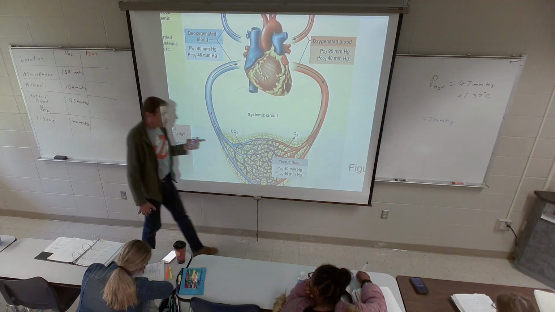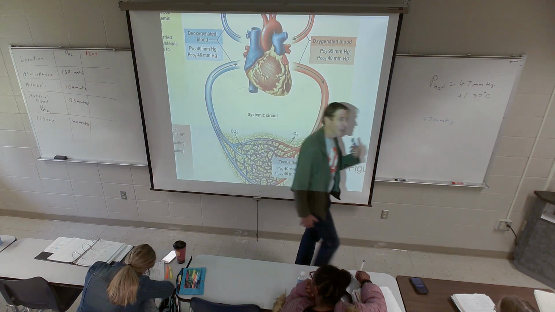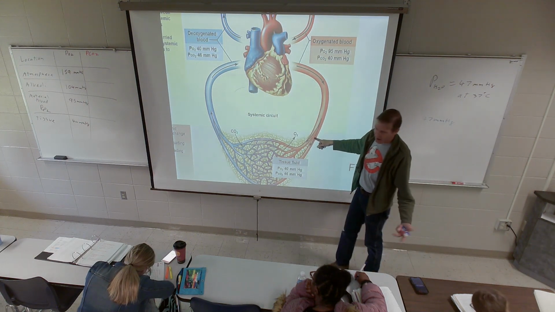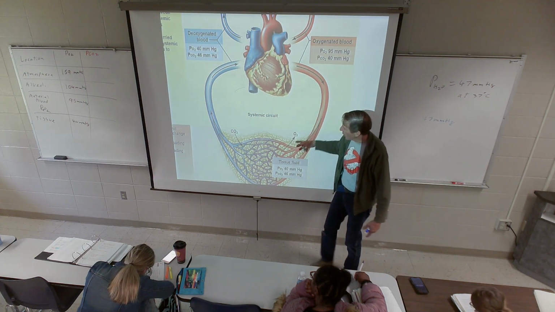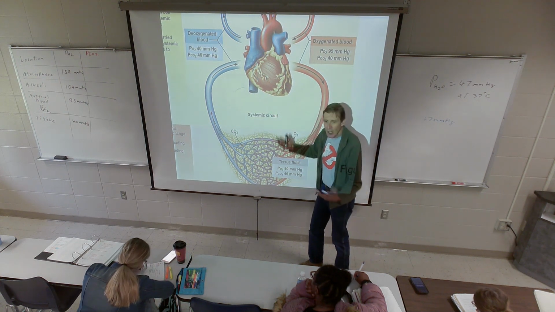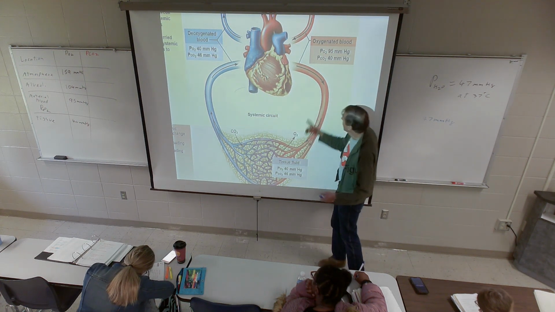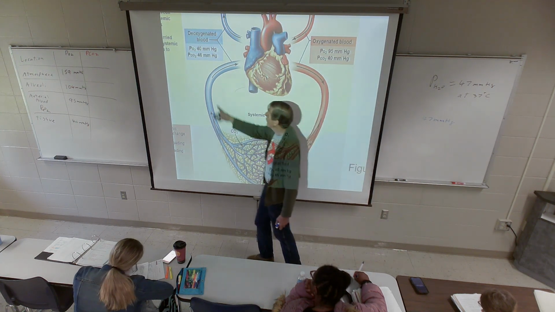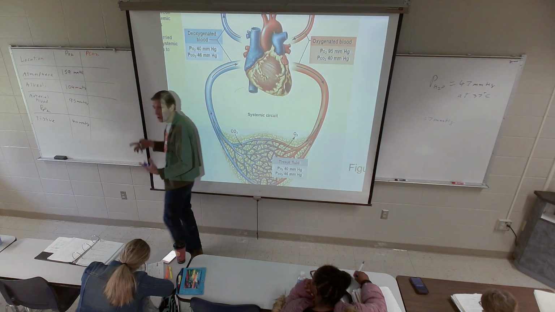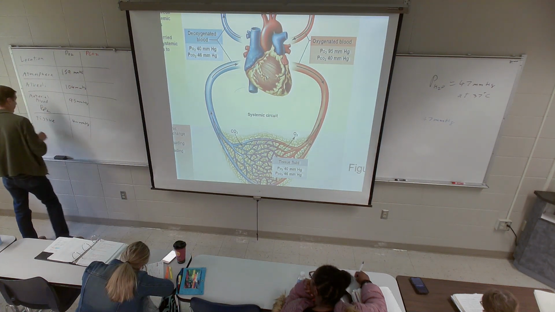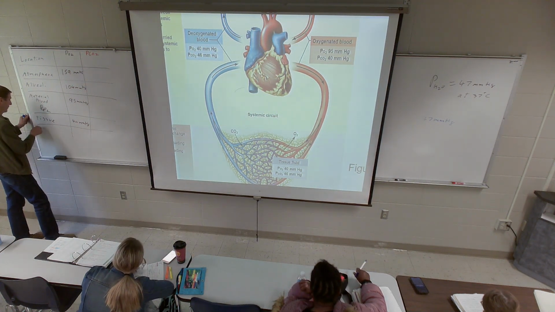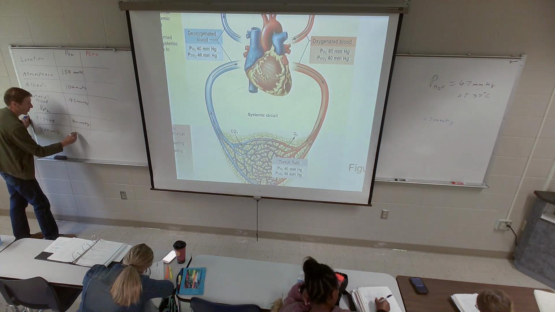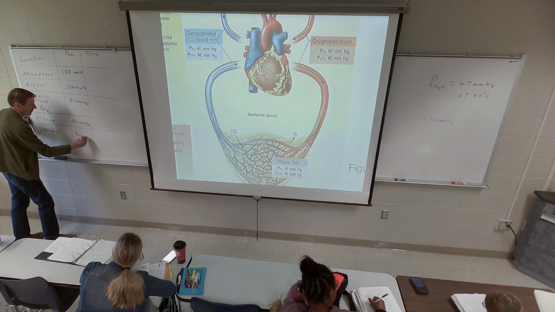And I will tell you, as the blood moves through the tissues, it does reach equilibrium. So the blood coming in has a PO2 of nearly 195. The tissue has a PO2 of 40. As the blood passes through the capillaries, of course, the oxygen is going from an area of high PO2 to an area of lower PO2, and it does reach equilibrium. So if you sample the venous blood, that is the blood draining the capillaries, it's also about 40 millimeters of mercury.